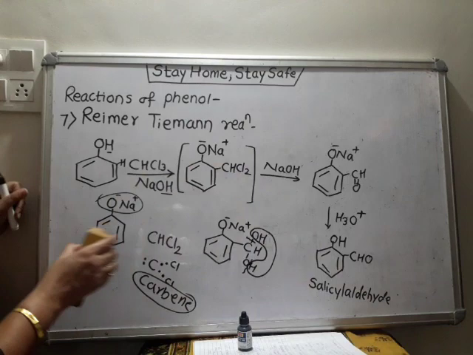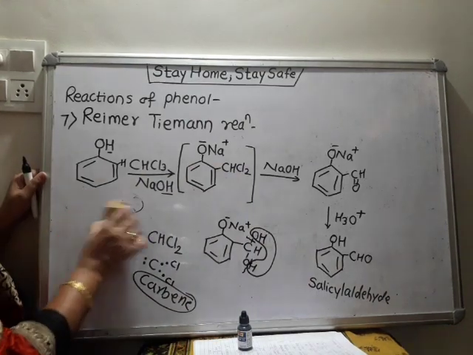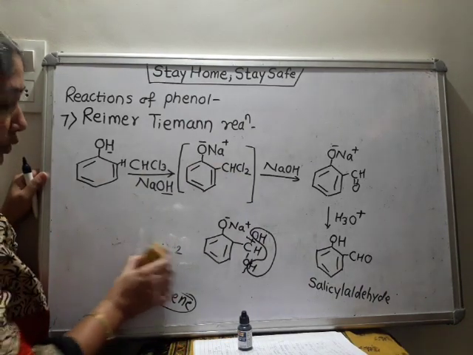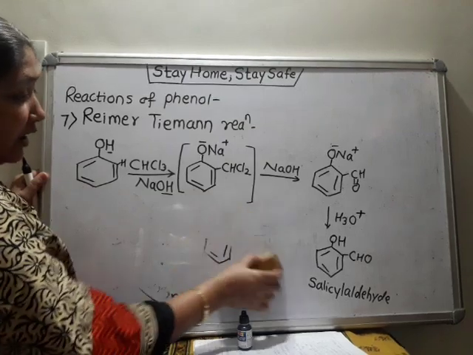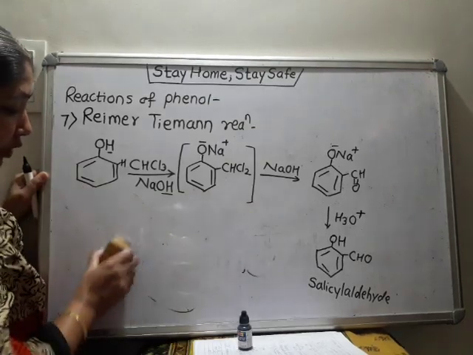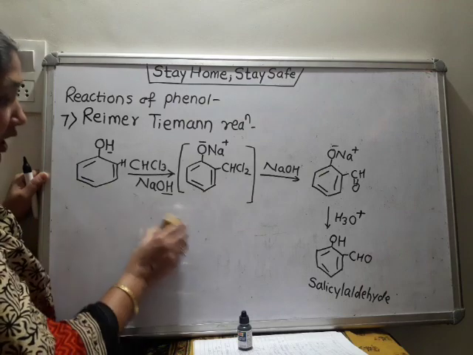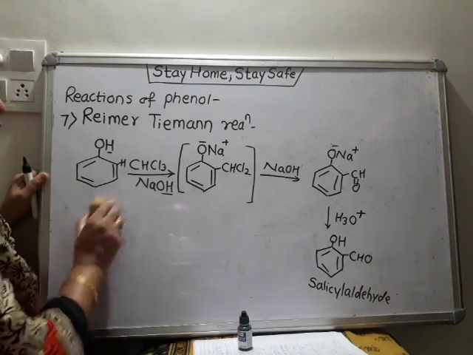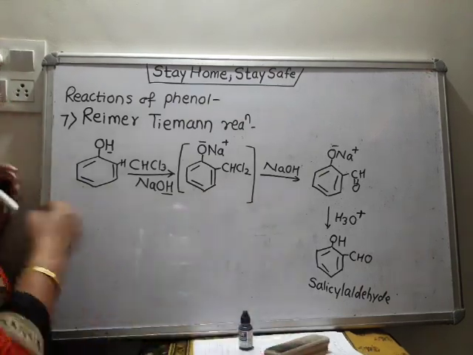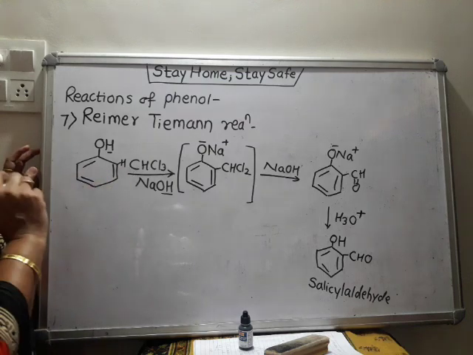They have given one point: if we do this reaction by using carbon tetrachloride instead of chloroform, then what would be the product? What do you think? What will happen if we use CCl4 here?